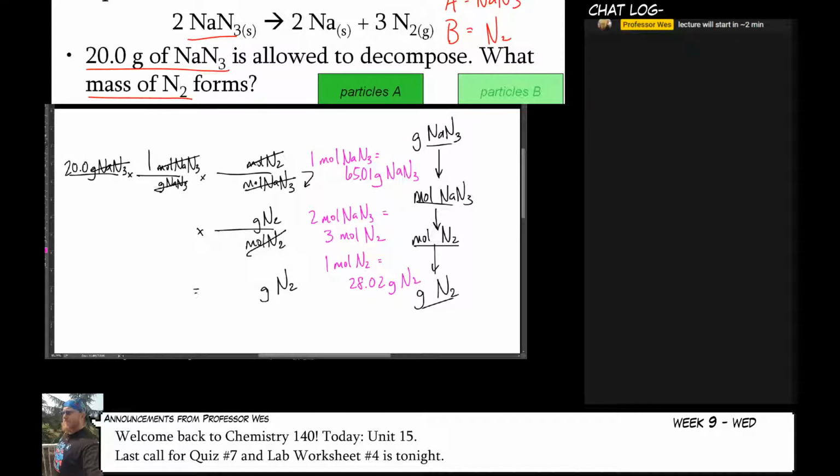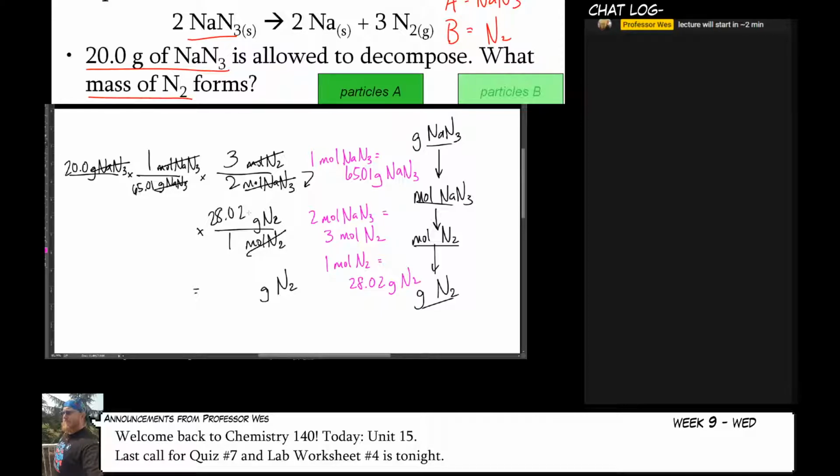So in 1 mole of sodium azide, there are 65.01 grams, like we said. For every 2 moles of sodium azide I put in, I get 3 moles of nitrogen out. And for every 1 mole of nitrogen, that's 28.02 grams of nitrogen. Where'd my calculator go?